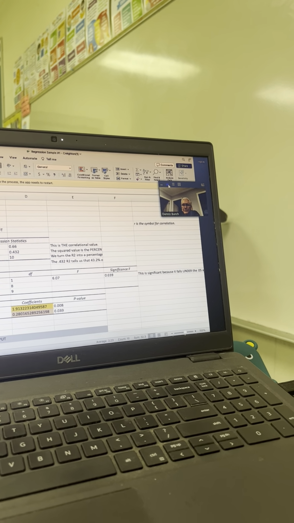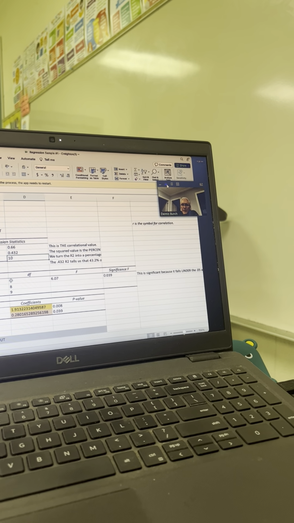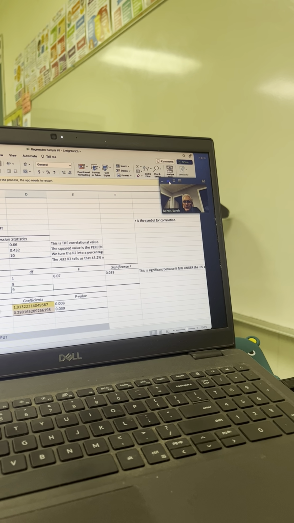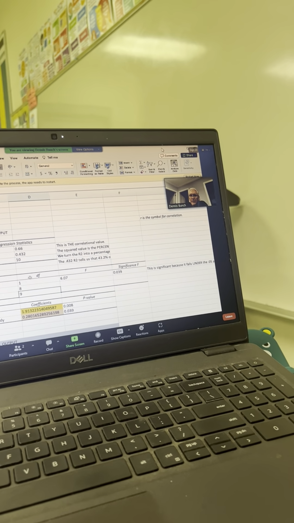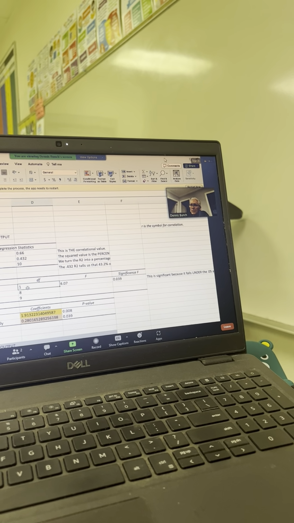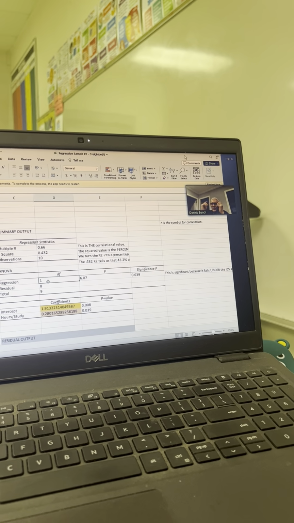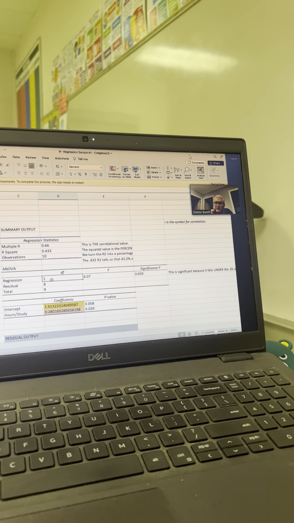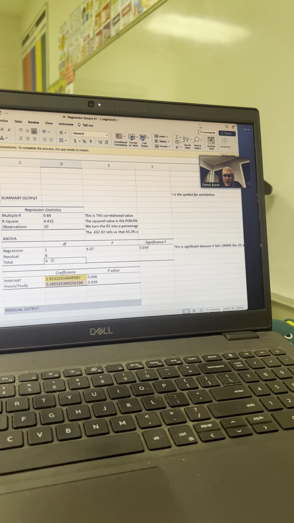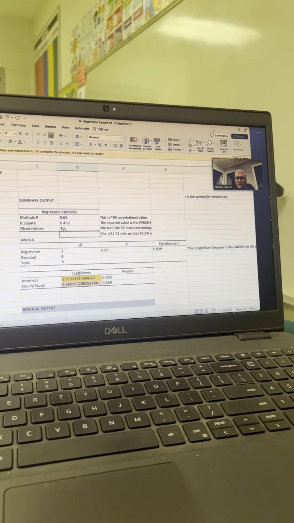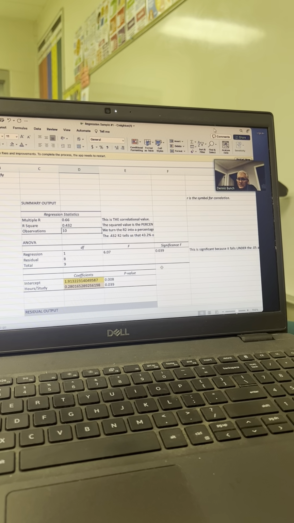Right? That makes sense? So there's my 10, and 10 minus 1 is going to tell me 9. So we should always have a 1 right there in regression under DF. For a simple regression, yes, ma'am. Okay. But if we have multiple regression, that number changes. Okay. But this number and the bottom number are going to come back and tell me this is it.